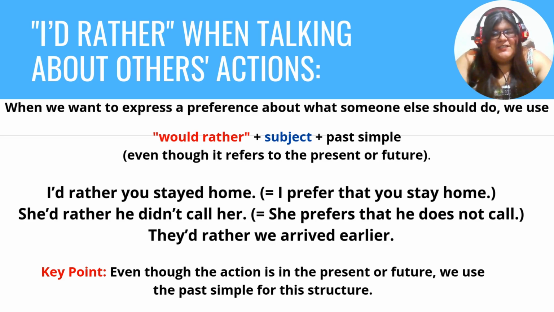Don't worry. Then we have key point, even though the action is in the present or future, we will use the past simple, and so on. So be careful, guys, in those details. We are expressing something in the present or the future, but in past. It's tricky, but it's possible in English.